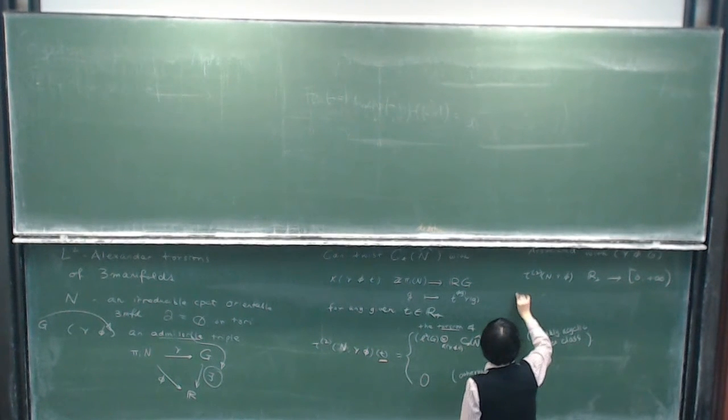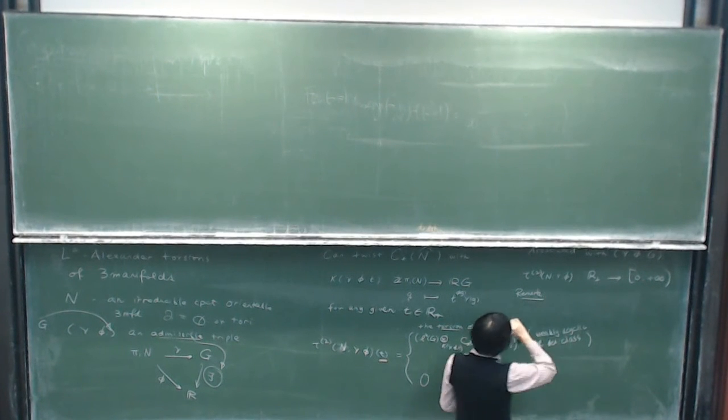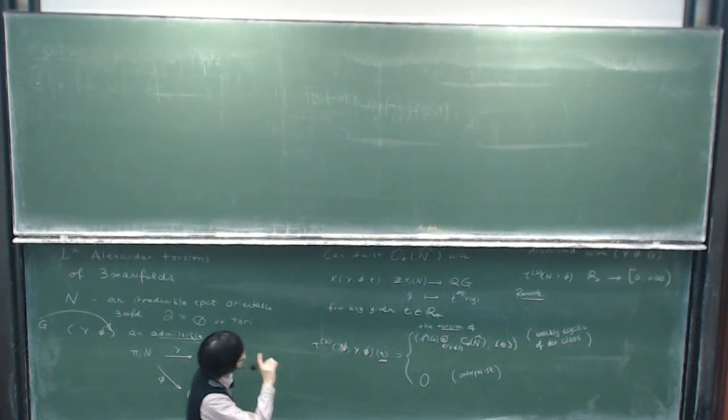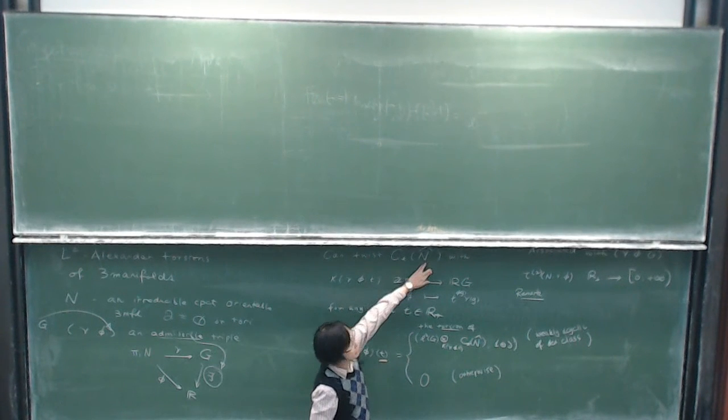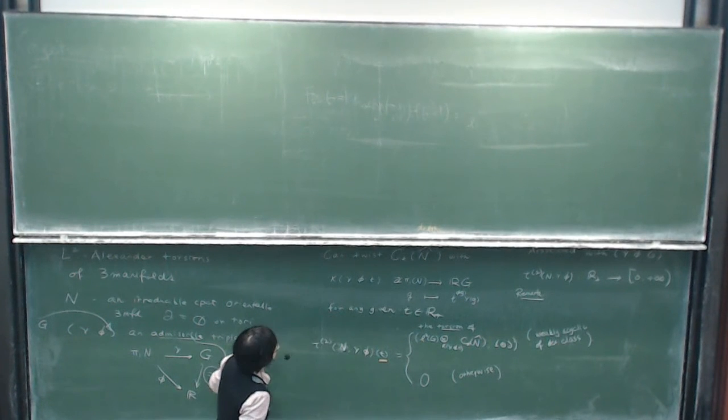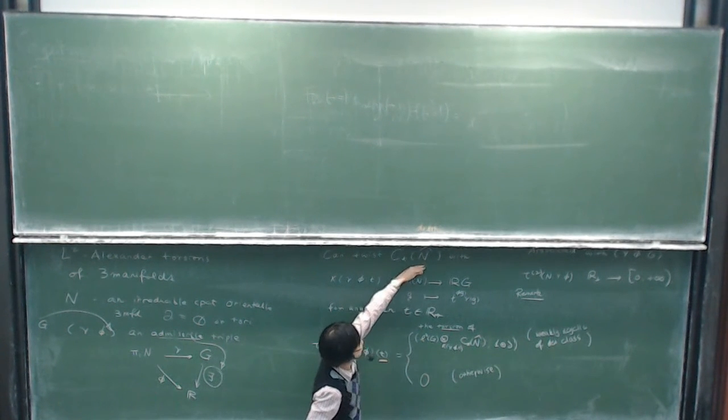And just a couple of remarks regarding this definition here. One thing is that in order to define this torsion, you need to choose a CW complex structure of this manifold N, and then it lifts to the universal cover.